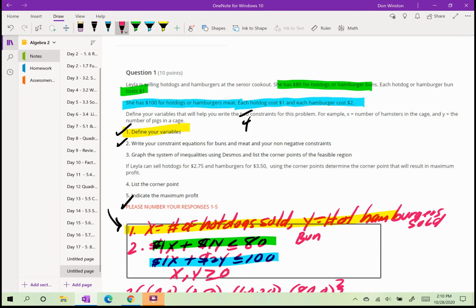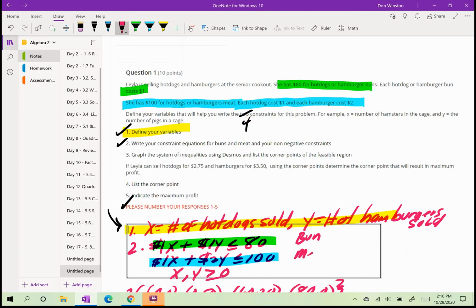The other constraint is on how much she can spend on meat. Each hot dog costs $1 and each hamburger costs $2. So $1 times X plus $2 times Y has to be less than or equal to 100. She only has $100 to spend on meat. So that's our meat constraint.